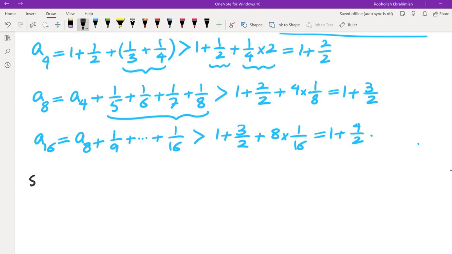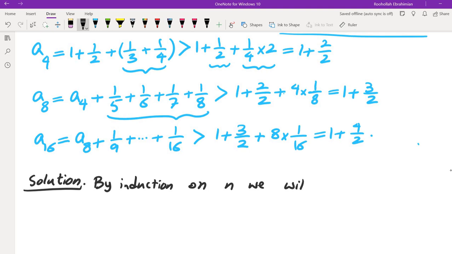So here is now the solution. What we're going to do is, by induction on n, we will show a sub 2 to the n is more than 1 plus n over 2.